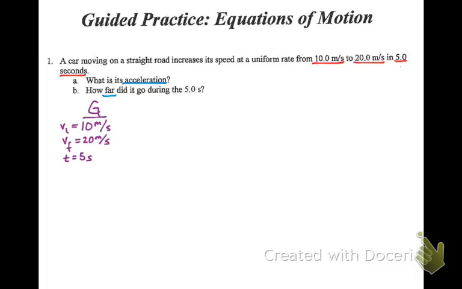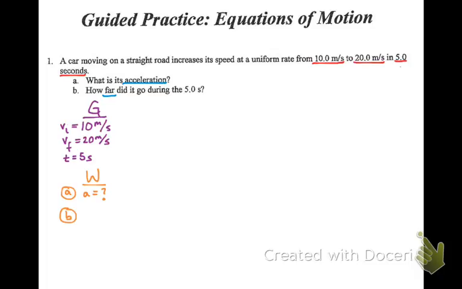Next question is, well, what are we trying to solve for? What's our wanted? We actually have 2 wanteds here. We've got part A and we've got part B. So our acceleration is what we want to solve for part A. And again, you don't have to solve in the particular order in which I ask the questions, meaning you don't have to solve for acceleration first. If you want to solve for displacement first, go right ahead.